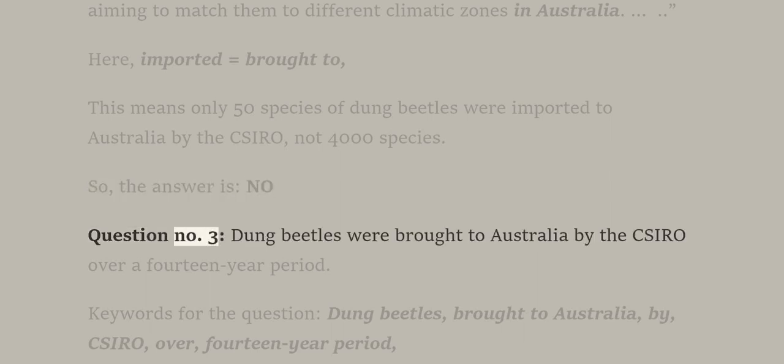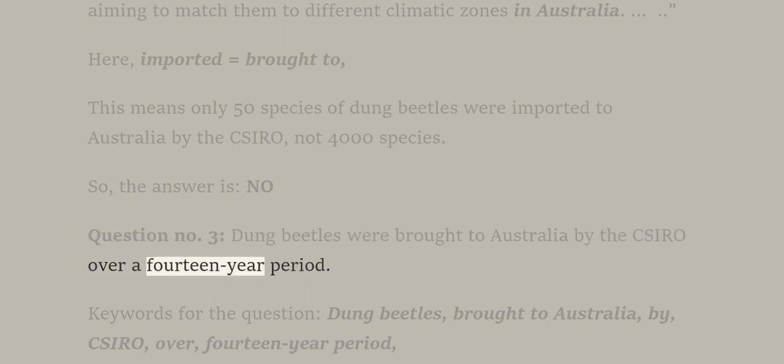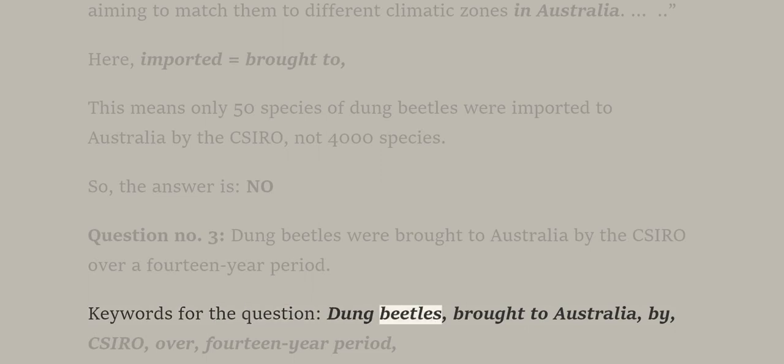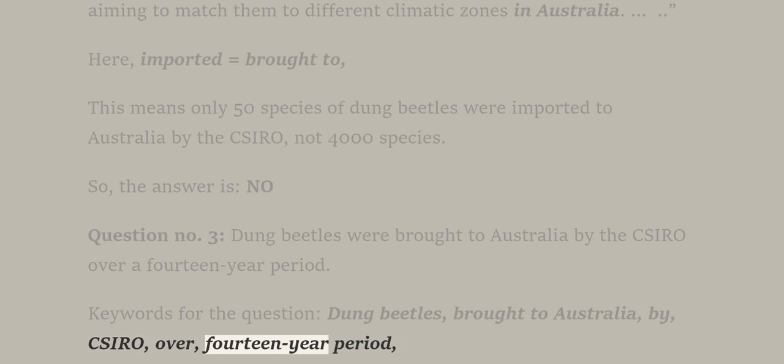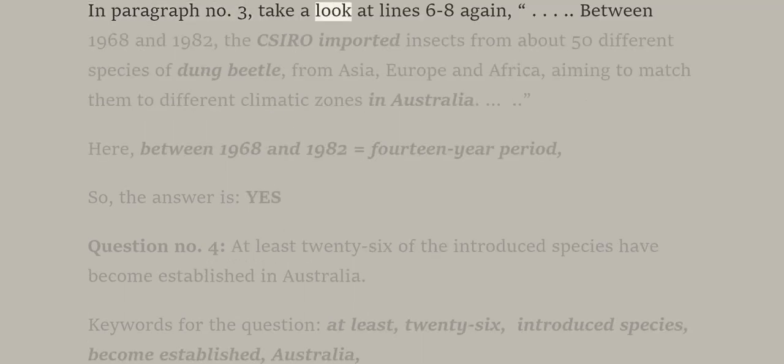Question number 3. Dung beetles were brought to Australia by the Xero over a 14-year period. Keywords for the question, dung beetles, brought to Australia by Xero over 14-year period. In paragraph number 3, take a look at lines 6 to 8 again.